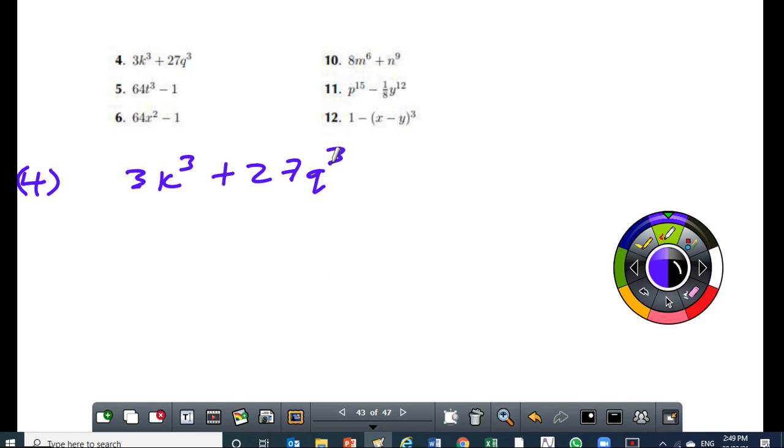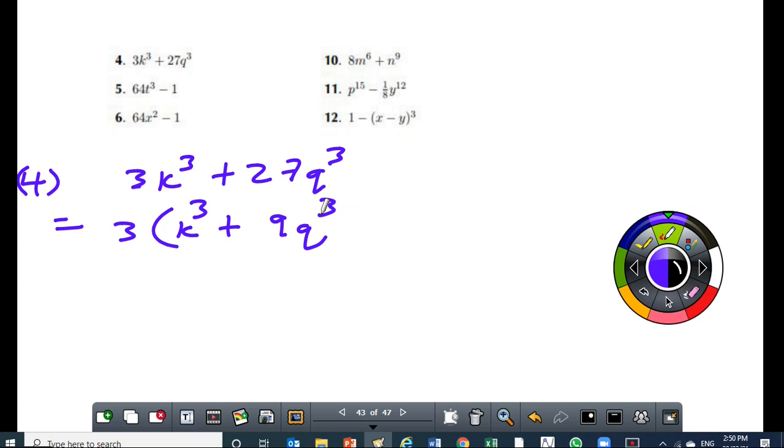The coefficient 3 is not a perfect cube, which means before we do anything, we have to take out a common factor first. It will make things a little bit easier. So if I take out a common factor, I end up having 3 times (k cubed plus 9q cubed).